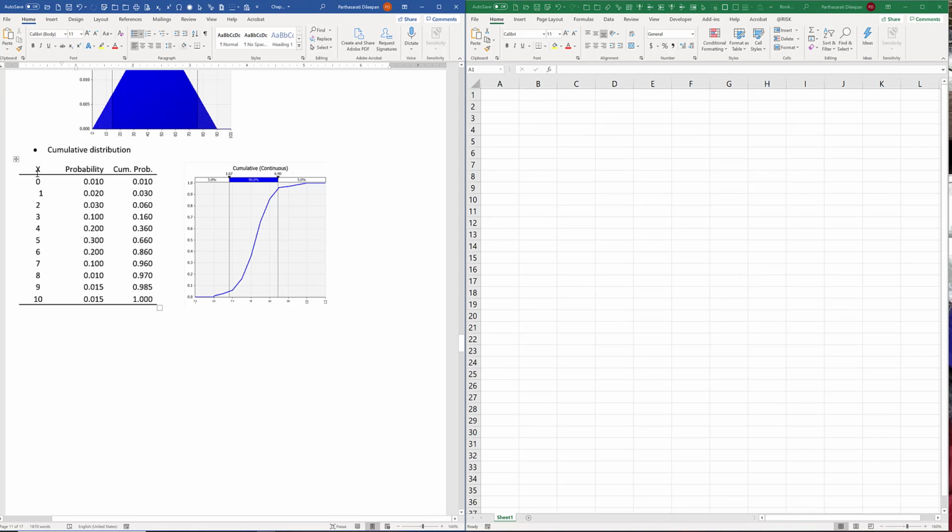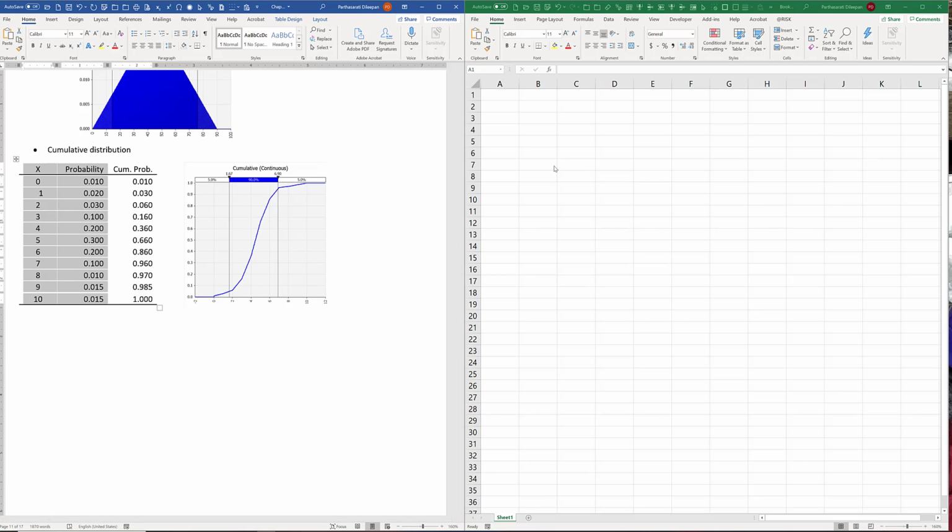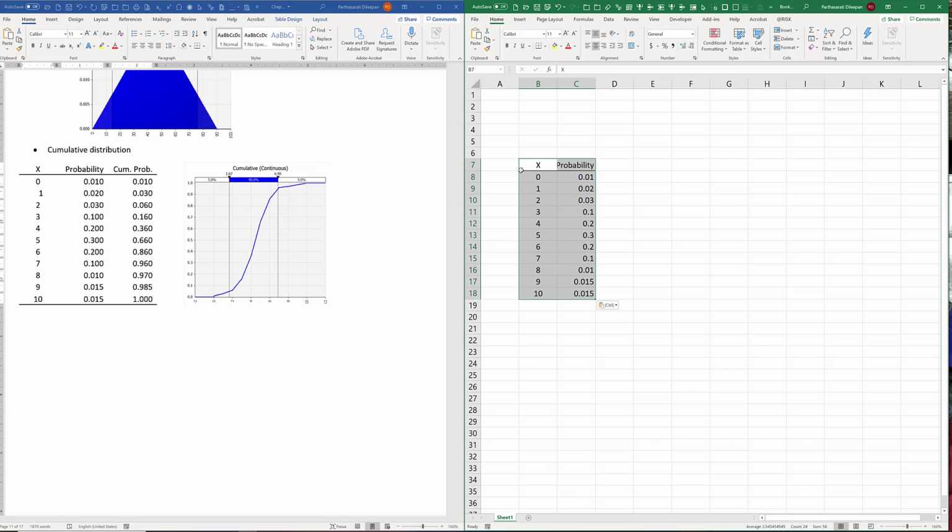I'm going to copy paste these two probabilities. So you have the x values and the probabilities, and then you have to set up cumulative probability. Cumulative probability is a running sum. So we can say sum of C8 to C8, but it always starts from C8.